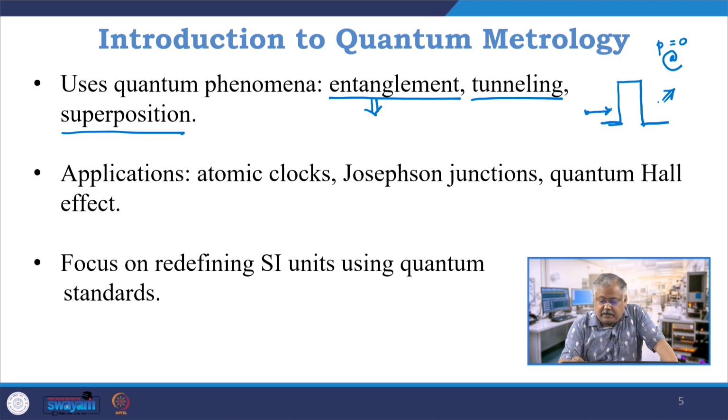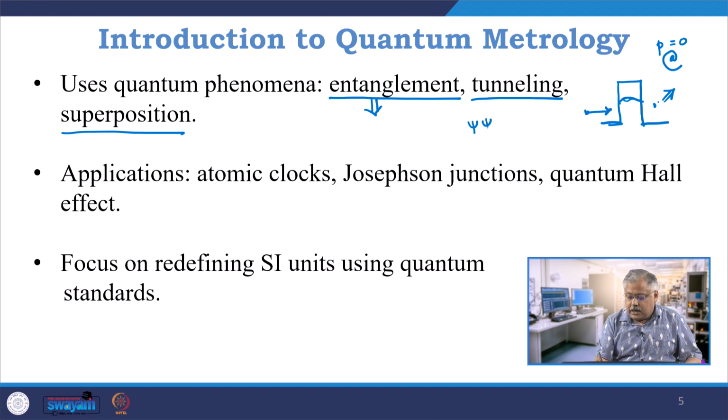There will be a finite probability that it will transmit through this barrier and reach here, and therefore the wave function derivative psi star will not be equal to 0 at, say, this point A. At A it will have some finite value.